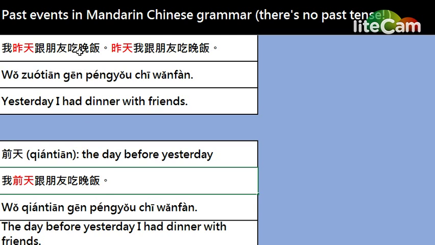The rest of the sentence is the same. We just change the time word from 昨天 to 前天. So these two sentences show you two different times, but both show past events. We just need to change the time words.